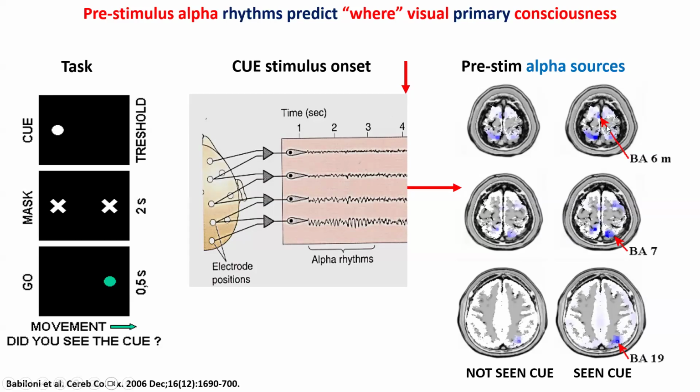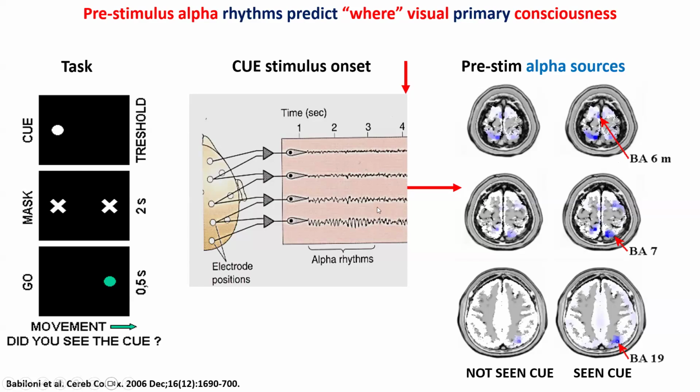In this visuospatial pathway, or dorsal stream, we have higher source activity in alpha rhythms in the seen cue stimulus rather than not seen cue stimuli.